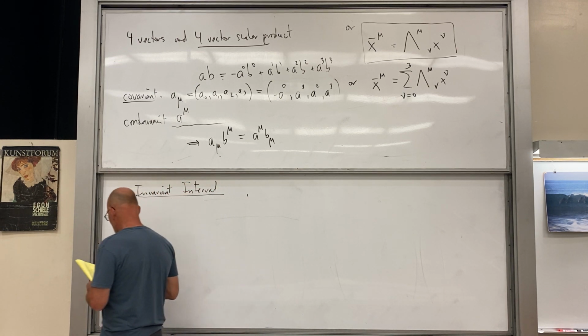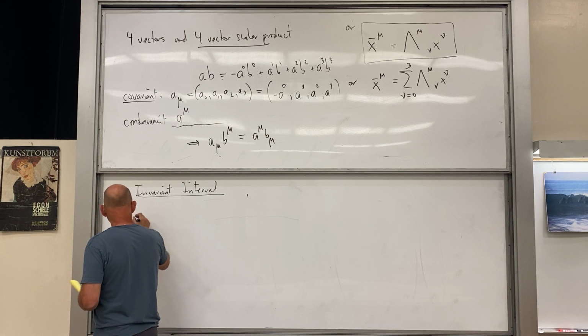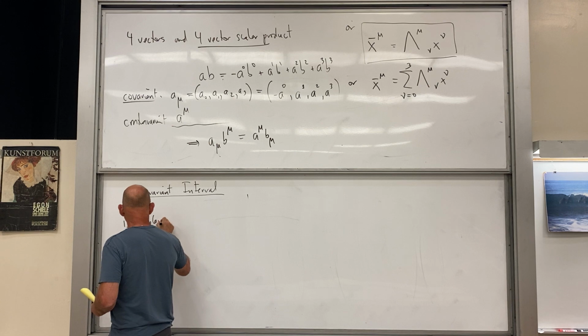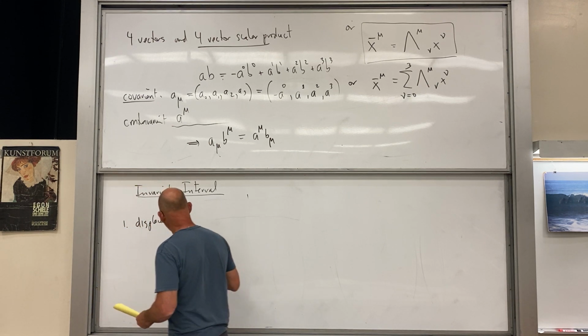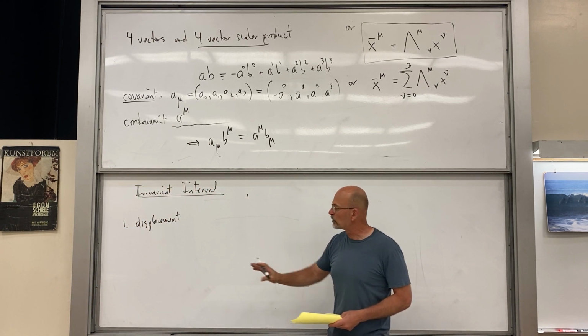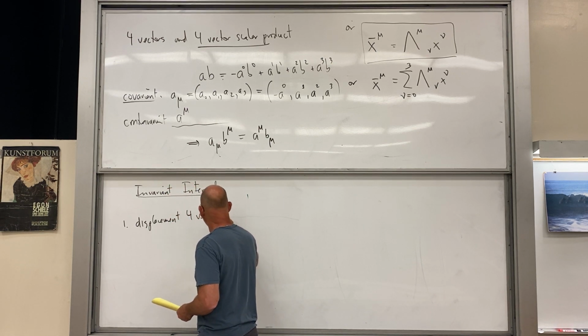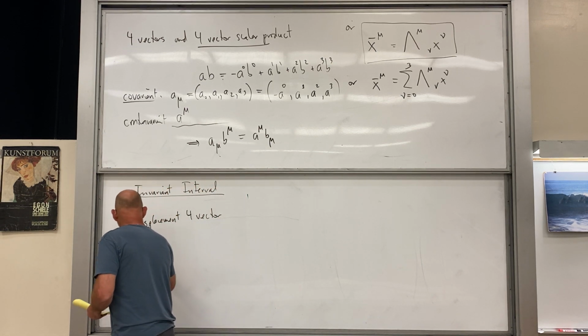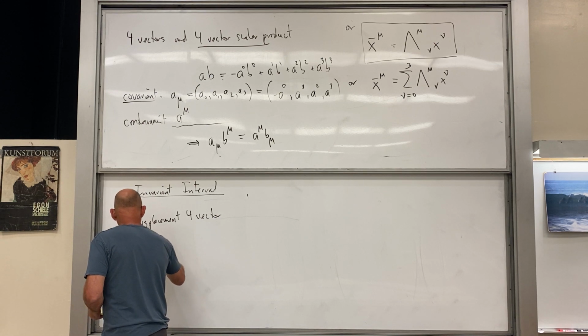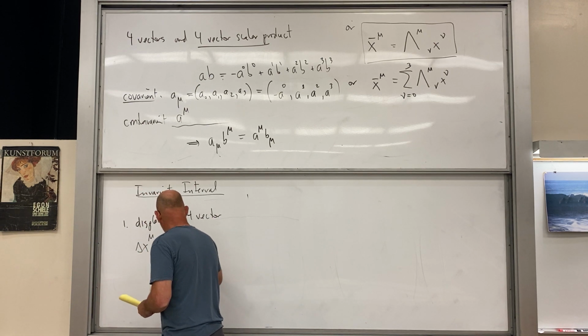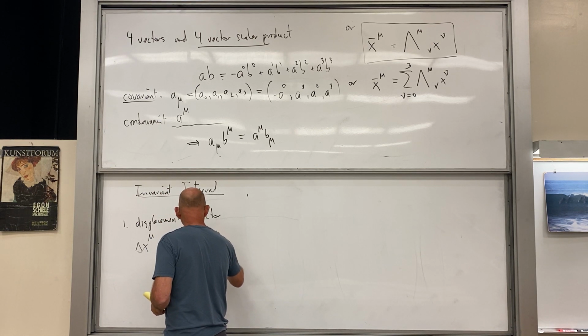We're going to start with a displacement vector. But now we have space and time on equal footing, so this is going to be a displacement 4 vector. And that will just be delta x mu, x a mu minus x b mu.